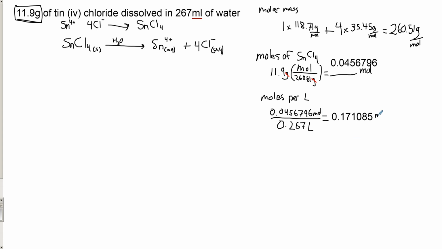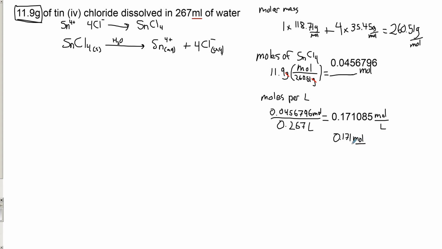It looks like we have 3 sig digs, and since all of our numbers are going to be in moles per liter, I can just say my concentration of tin 4 chloride is 0.171 moles per liter. So now we go back to our dissociation equation.